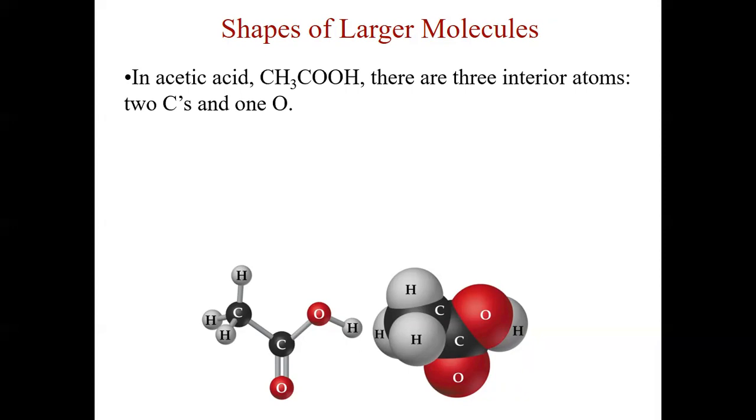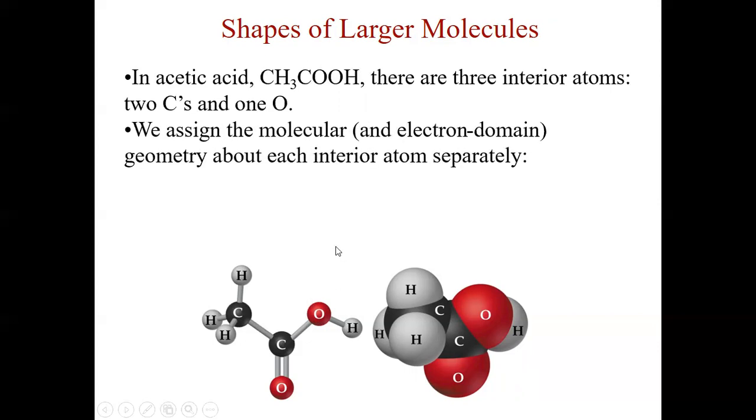So this is acetic acid, CH3COOH. There are 3 interior atoms: 2 carbon atoms and 1 oxygen atom. So we assign the molecular and electron domain geometry about each interior atom separately.